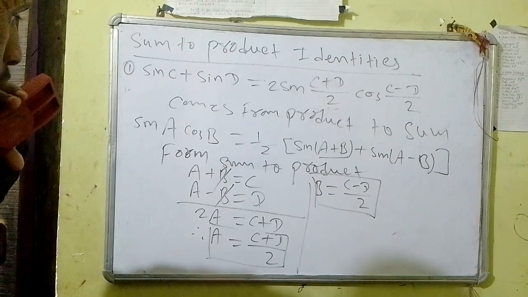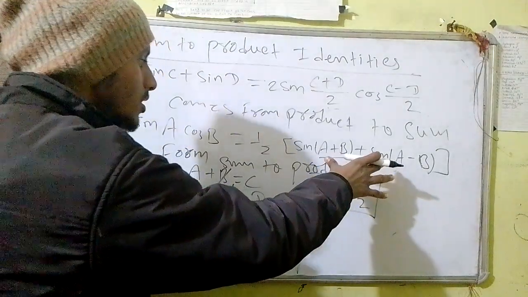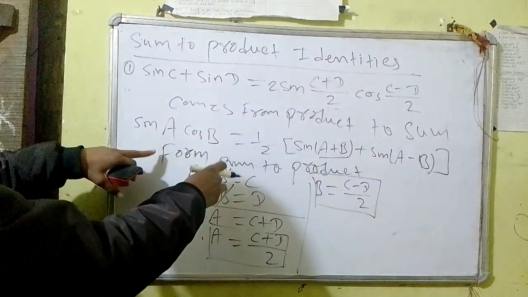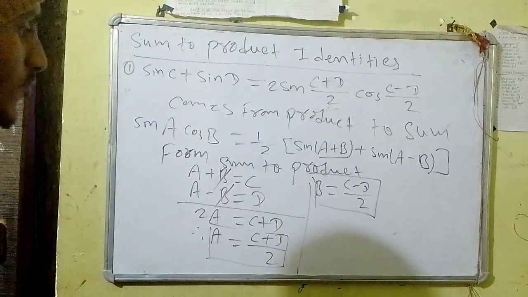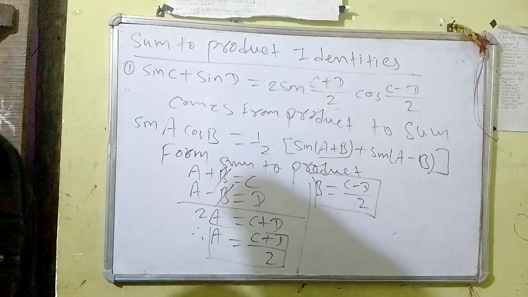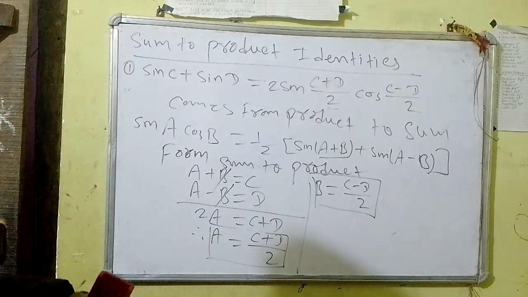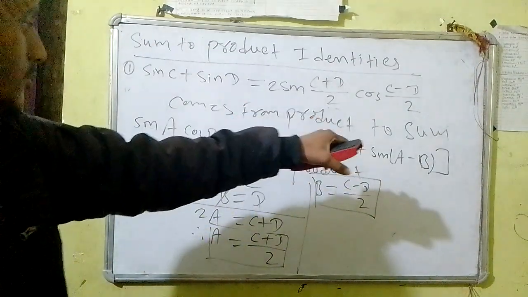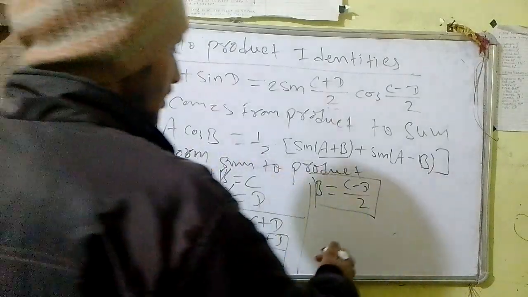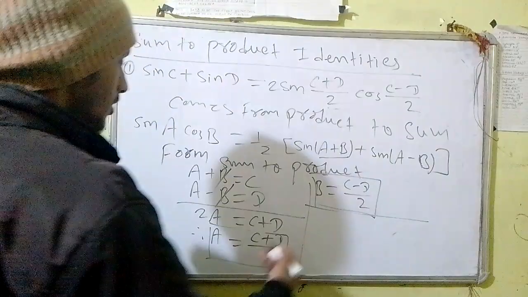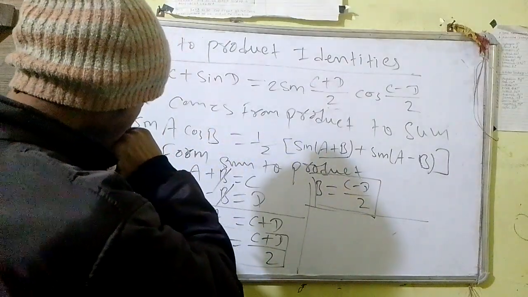Now what are you going to do? We know this side, we don't know this side. So we're going to substitute for A and B as functions of C and D. C and D are known. So we're going to do the reverse now. Now we are forming from sum to product. Does that make sense? How is it going to look? Let's do it beneath here.